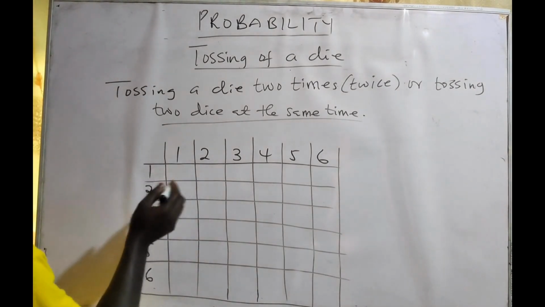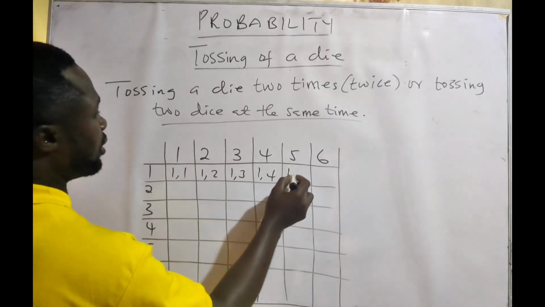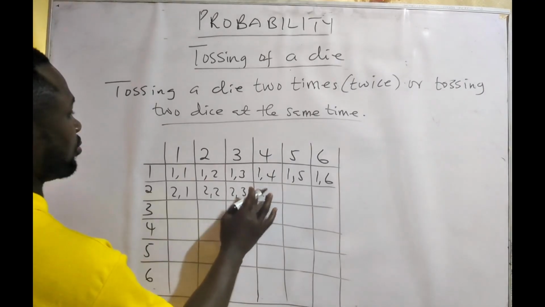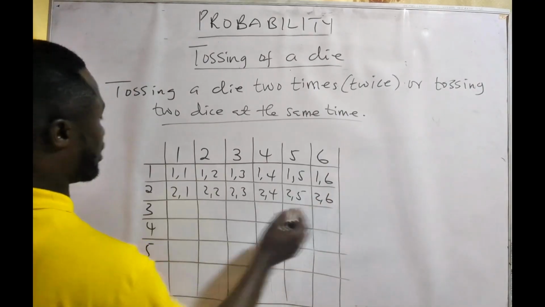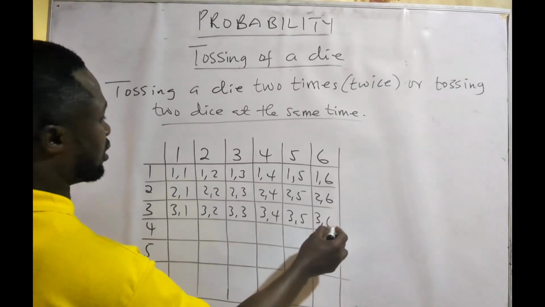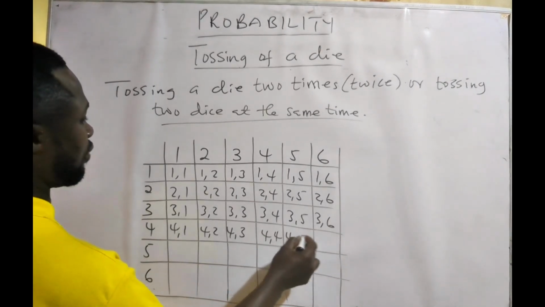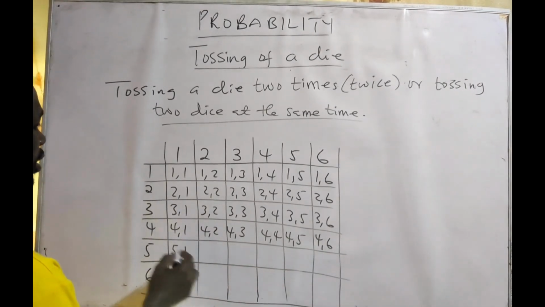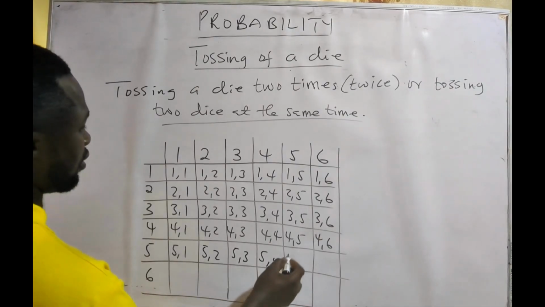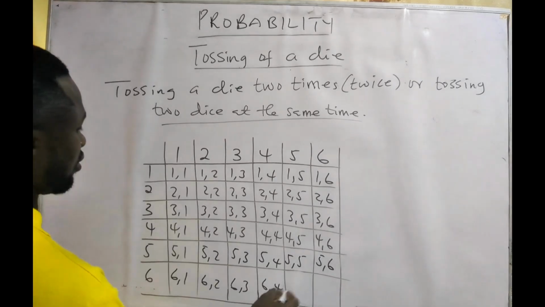We can get 1 die showing 1 and another one showing 1, or 1 2, 1 3, 1 4, 1 5, 1 6, 2 1, 2 2, 2 3, 2 4, 2 5, 2 6, 3 1, 3 2, 3 3, 3 4, 3 5, 3 6, 4 1, 4 2, 4 3, 4 4, 4 5, 4 6, 5 1. I believe you are following.